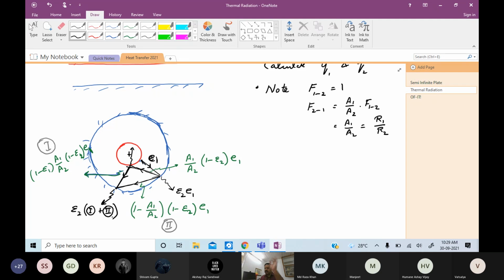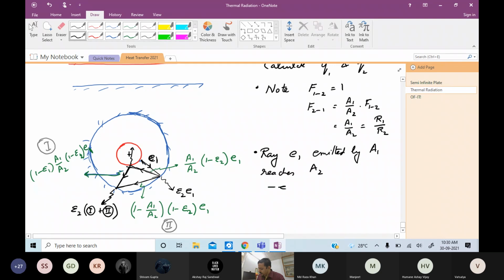Okay. And likewise, then again, the remaining 1 minus epsilon 2 will again get reflected. Part of it will go to surface 1, rest will go to surface 2, and this continues. So therefore, I'll quickly write: ray E1 emitted by A1 reaches A2. Epsilon 2 E1 is absorbed.